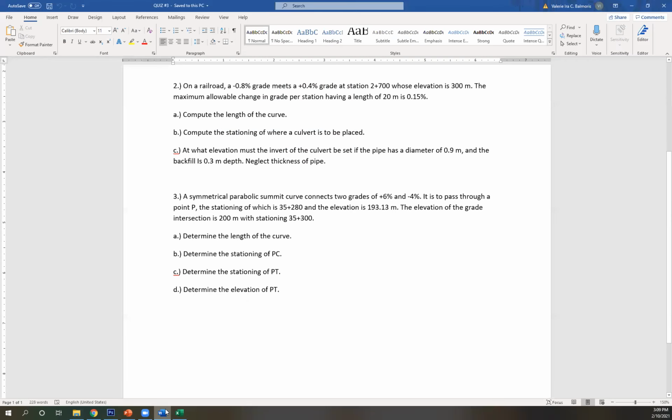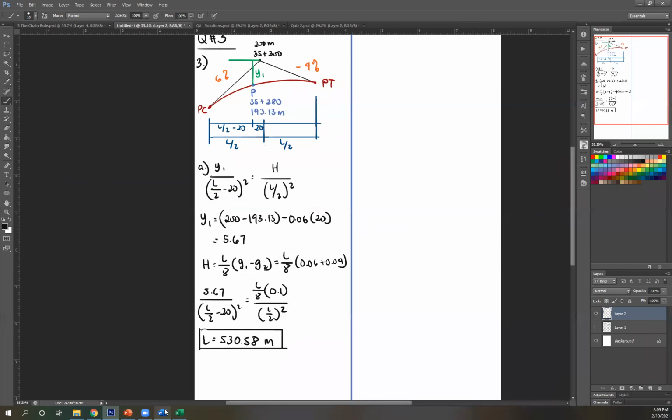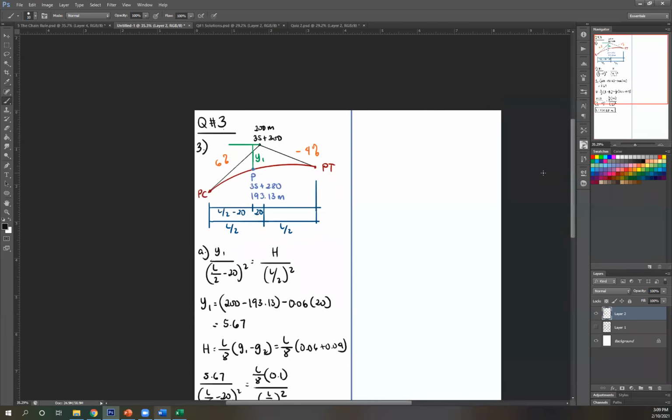Next, determine the stationing of PC. So here, stationing of PC, again, that's along a straight line. So you're just gonna get the stationing of PI. So stationing PC is just stationing of PI minus L over 2.